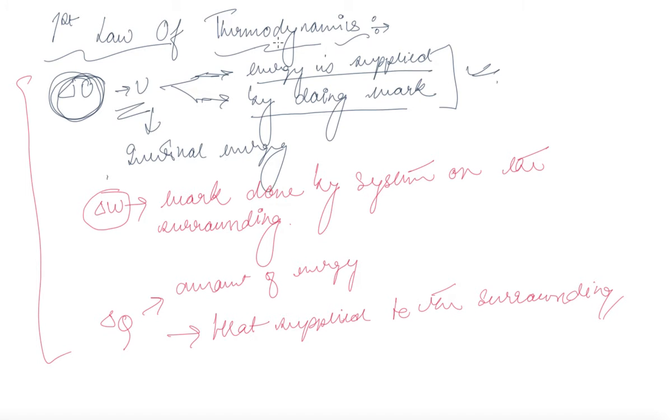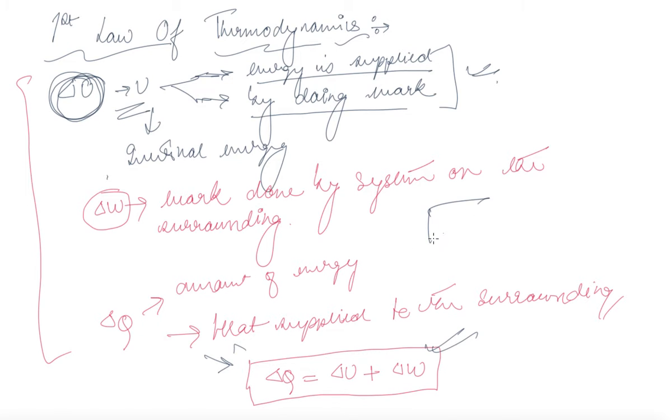Now what does the first law of thermodynamics tell us? The first law of thermodynamics tells us that if heat is supplied, then that amount of heat or energy is used up in either increasing the internal energy or doing work. Say this is a system, and an amount of heat energy you are transferring to it.